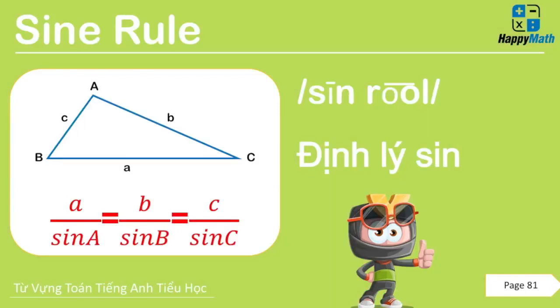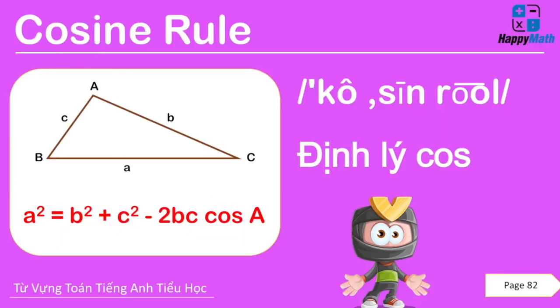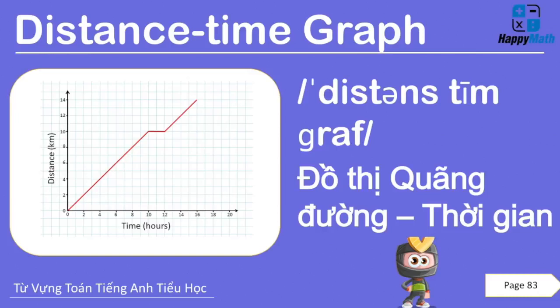Sine rule. Cosine rule. Distance time graph. The graph where you find the relationship between the distance and time.